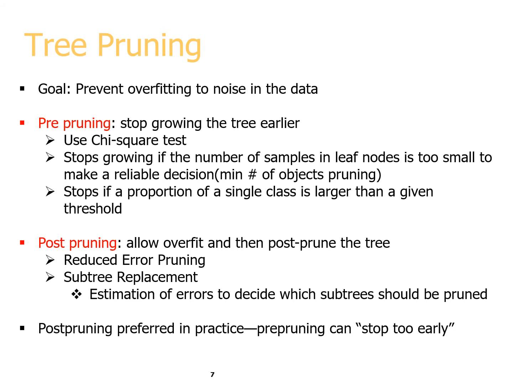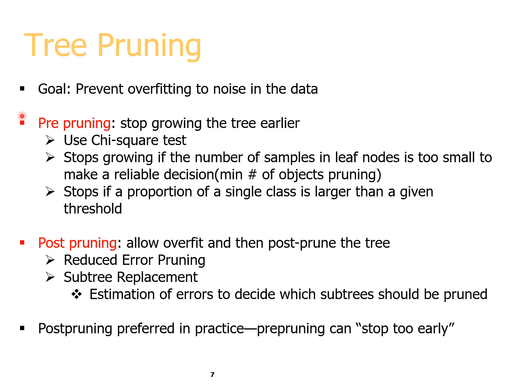Now let's actually prune decision trees. There are two kinds of pruning methods. The first one is the pre-pruning method, and the second one is post-pruning. In the pre-pruning method, pruning is done while you grow the decision tree.